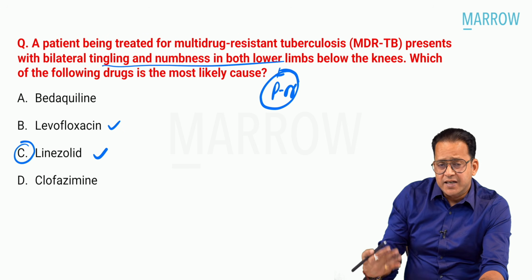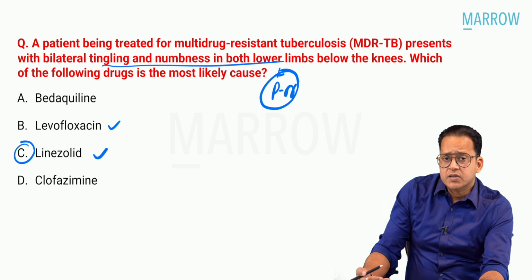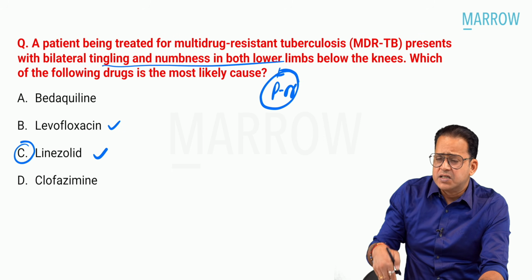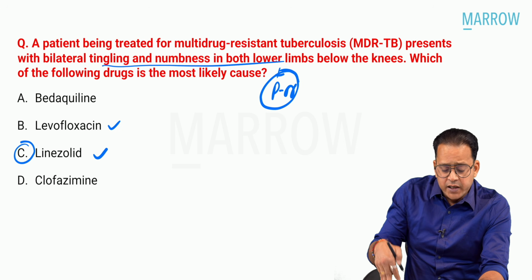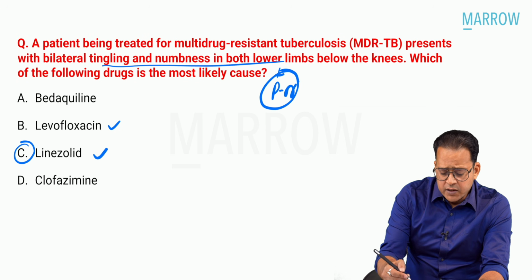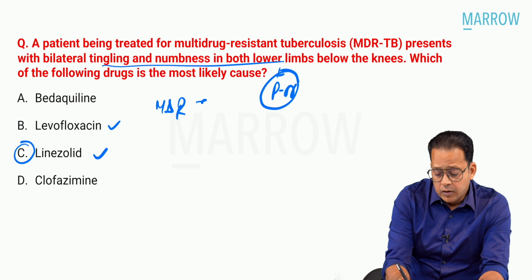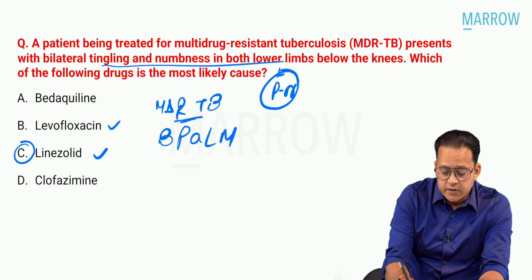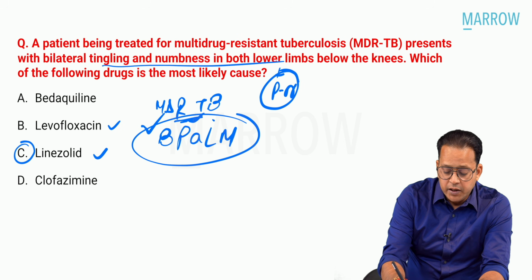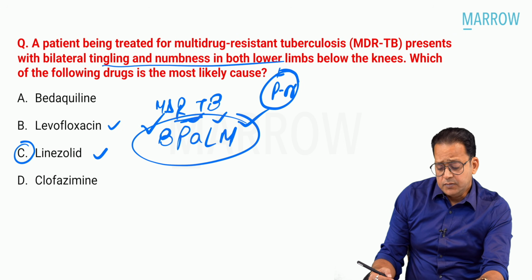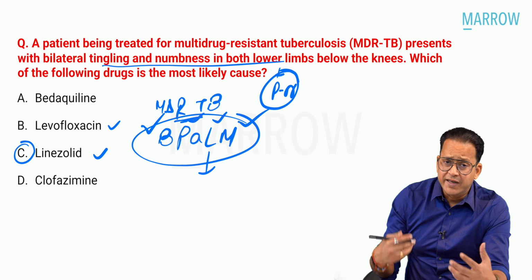So here, linezolid is a better answer. With fluoroquinolones, there is a risk of peripheral neuropathy, but the risk is very less. And linezolid is an important drug because in MDR-TB, the treatment of choice nowadays is called BPaLM: bedaquiline, pretomanid, linezolid, moxifloxacin.